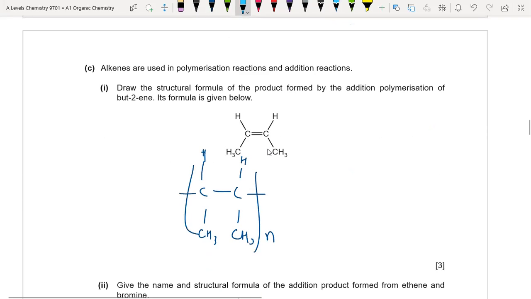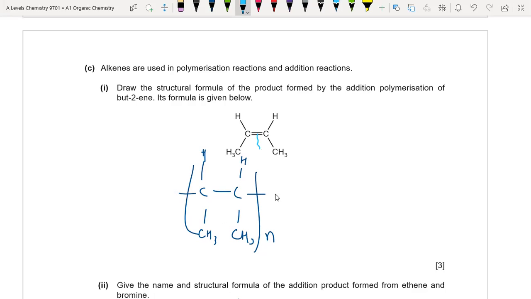Part C, alkenes are used in polymerization reactions and addition reactions. Addition reactions are the type of reaction in which two or more molecules combine to form a single compound or a single polymer. Like in this situation, this double bond will break, and the polymer will form like that.